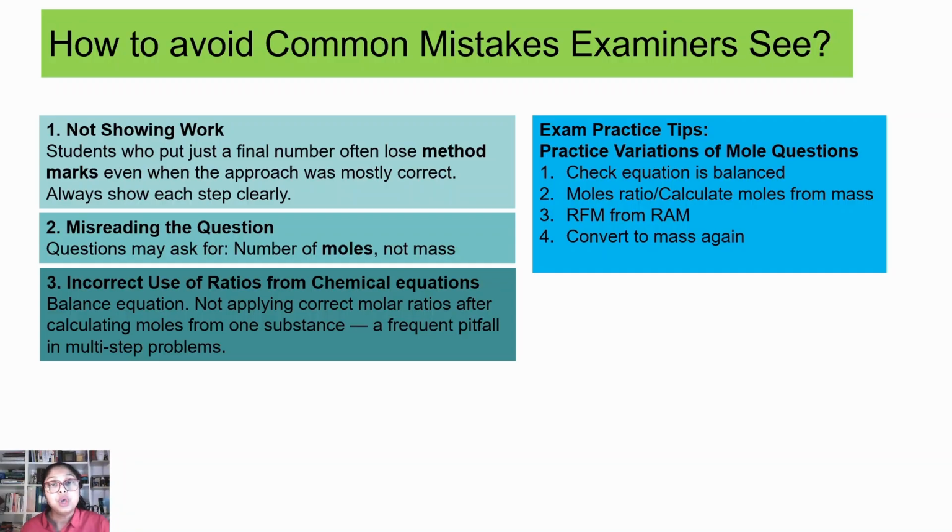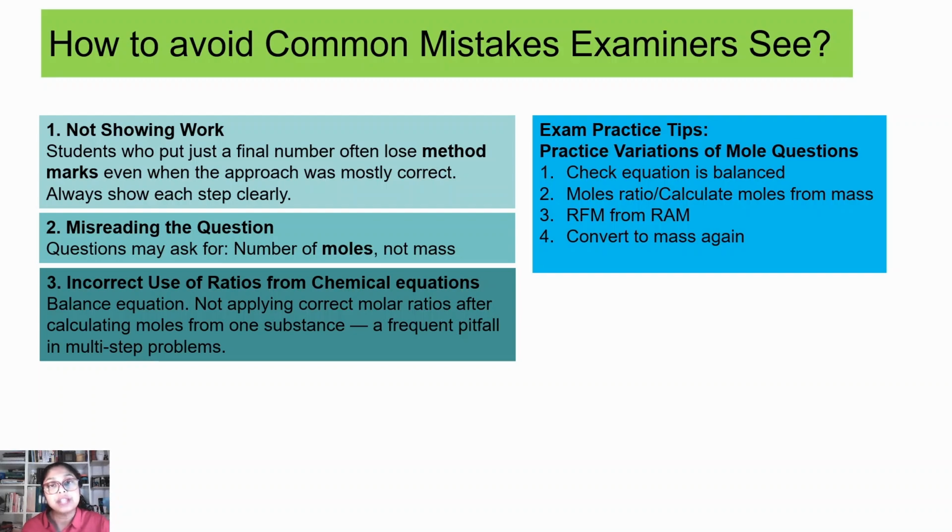Then step 2, you find the moles ratio from the balanced equation and you calculate the moles from the mass if mass is given. Step 3, you calculate the relative formula mass from the relative atomic mass if you need to. So it depends on the question. These are just general steps.